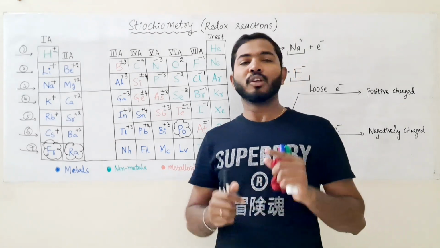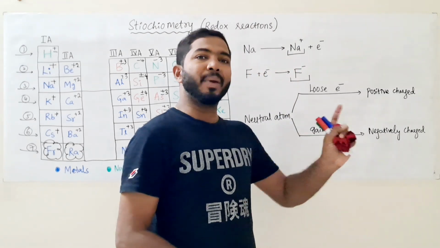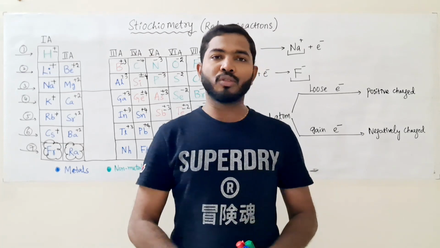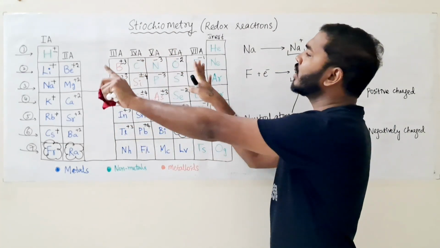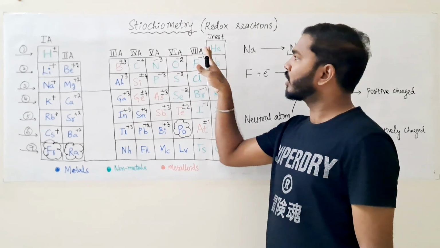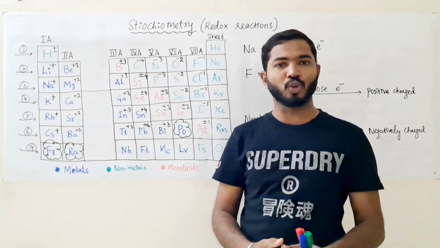Hope you understood. Overall, a neutral atom becomes charged by losing or gaining electrons. We know why and how these particular elements are charged with -1 for fluorine, -2 for oxygen, -3 for nitrogen, and so on.